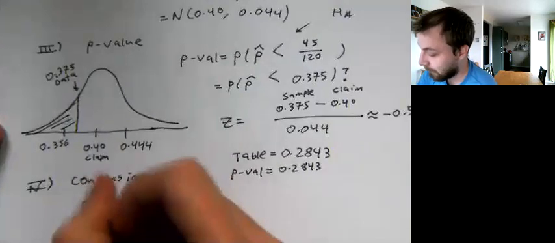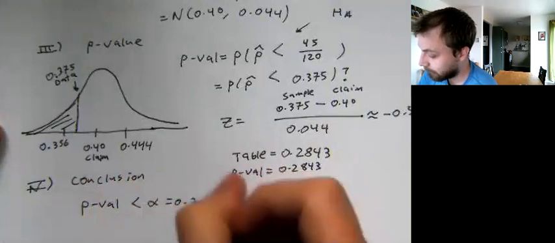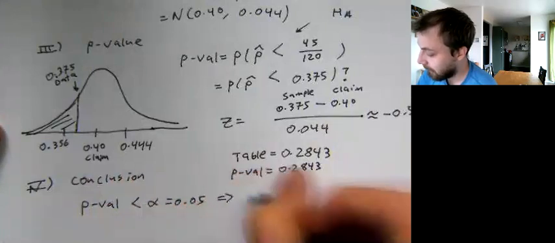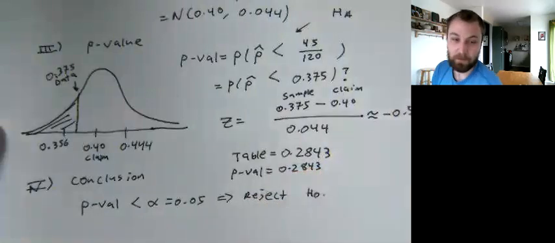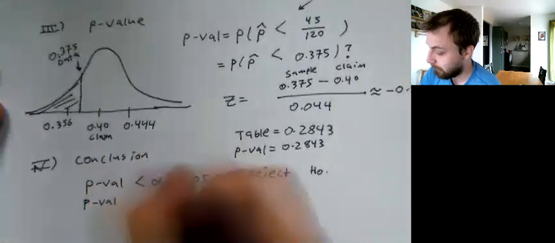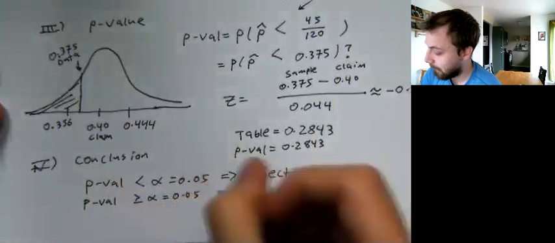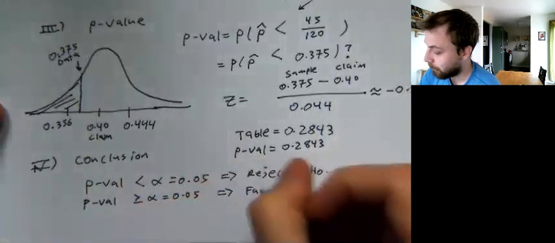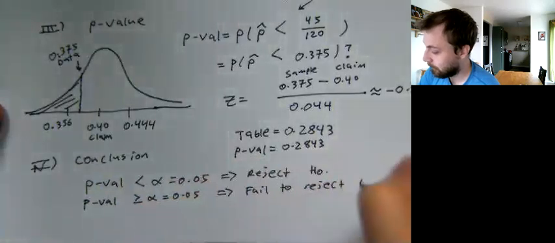If my p-value is low, smaller than an alpha level of, say, 5%, then I would reject the null hypothesis in favor of the alternative. If my p-value is larger or equal to my alpha, then I would fail to reject the null hypothesis, and I would not have evidence of the alternative.